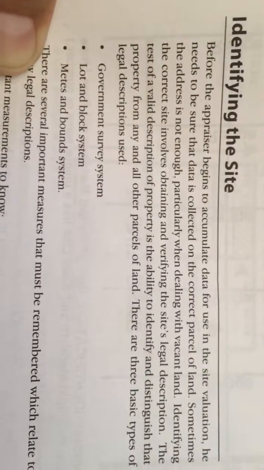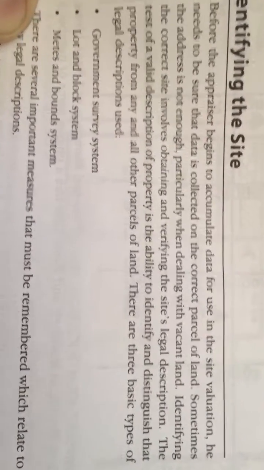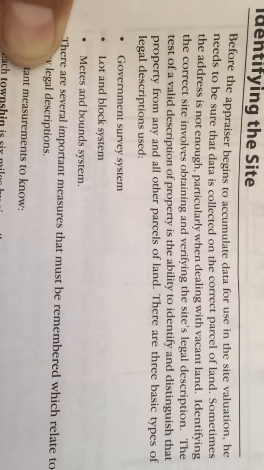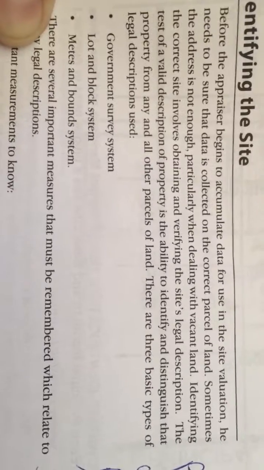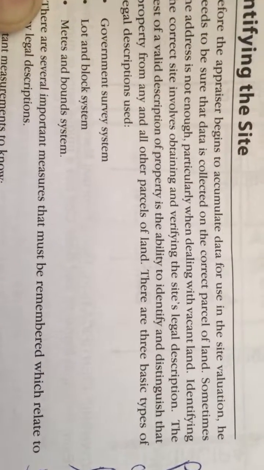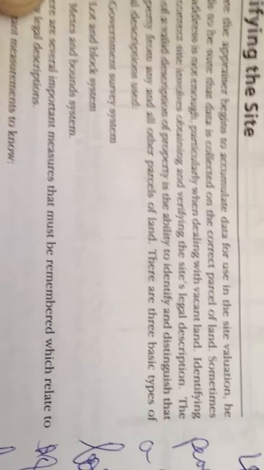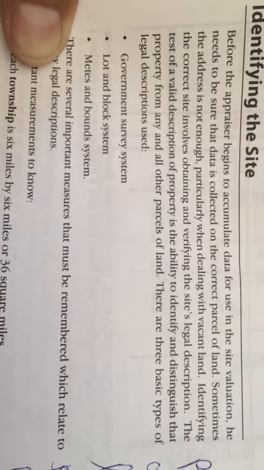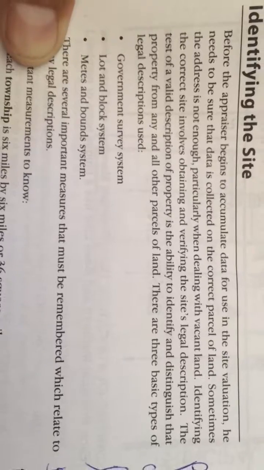Identifying the correct site involves obtaining and verifying the site's legal description. The test of a valid description of property is the ability to identify and distinguish that property from any and all other parcels of land.